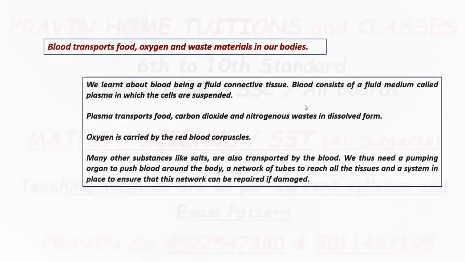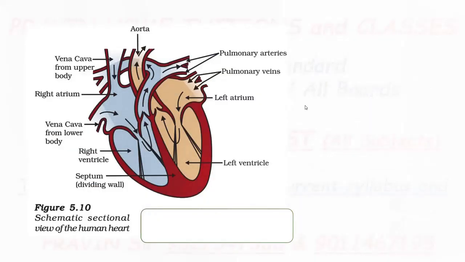And sometimes if this circulatory network is damaged, it should be repaired automatically. This organ which pumps the blood is known as the heart. Heart is a muscular organ which is as big as our fist.